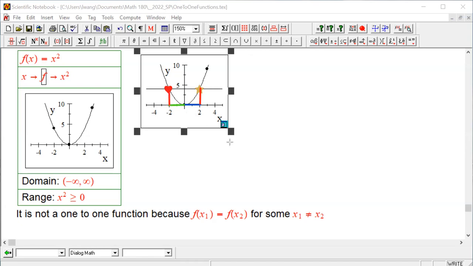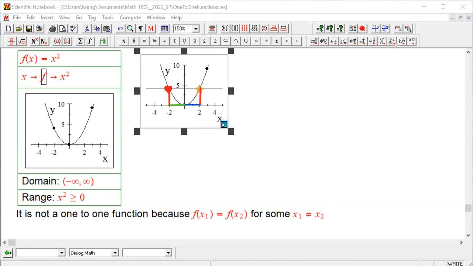I hope you hear the details. The inputs are different: -2 and +2. The outputs are identical because these two red vertical lines are of the same height, and they are the visual of the output for the two different inputs.